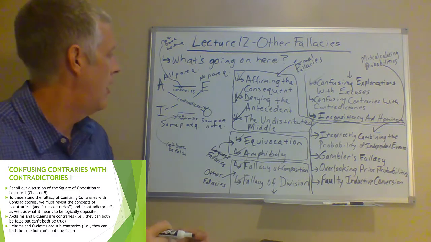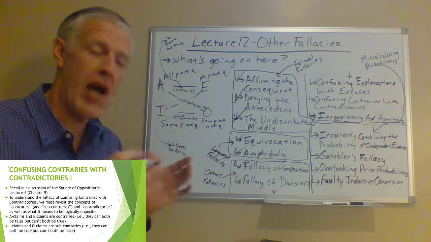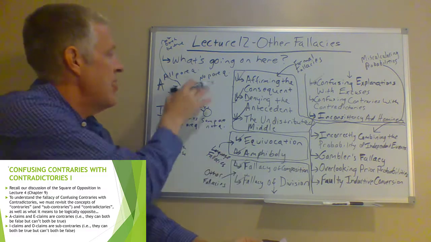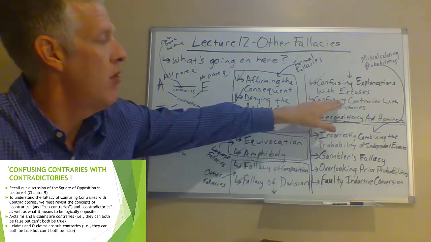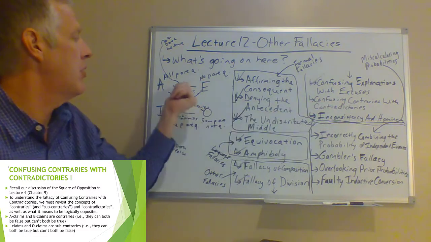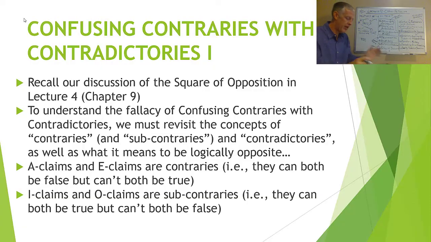If they can ever have the same truth value, then they're not logically opposites, and to speak of them as if they were would be a mistake. That would be confusing contraries with contradictories. And I love their example. So I think that's everything I wanted to say on slide 11. We talked about the relationships here, what it truly means to be logically opposite, and that only the contradictories are actually logically opposites.